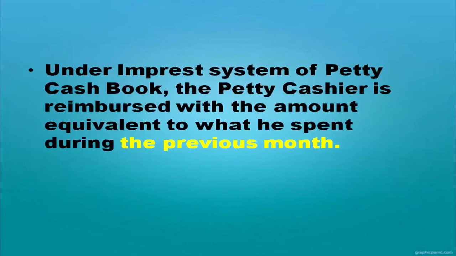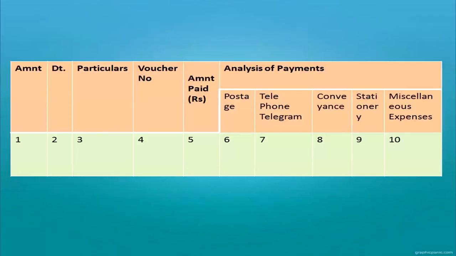Under the imprest system of petty cash book, the petty cashier is reimbursed with the amount equivalent to what is spent during the previous month. Format of the petty cash book with amount, date, particulars, voucher number, amount paid and its bifurcations like postage, telephone expenses, telegram, conveyance, stationery, etc.